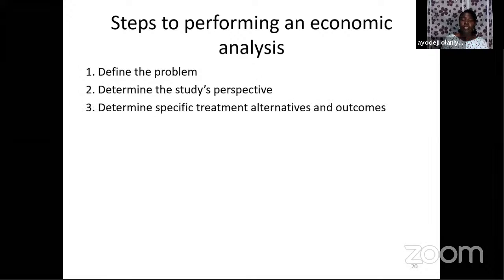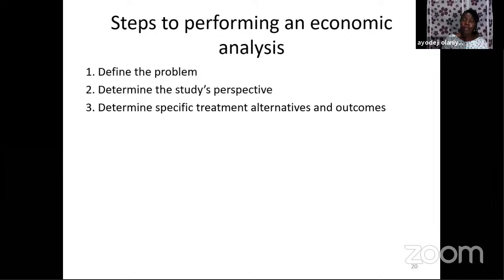So the third step here is to determine the specific treatment alternatives and outcome. By alternatives, I mean, let's say we want to treat urinary tract infection. We want to determine the alternatives that can be used. Is it the sulfa drug? Is it the fluoroquinolone? Do we have a new drug that is being promoted? So you identify different alternatives. In identifying these alternatives, you choose the ones that are being used. We don't choose outdated ones, because it would be a waste of time and resources to choose outdated ones, or the ones that are not really effective.